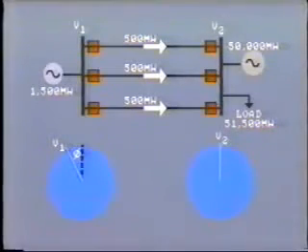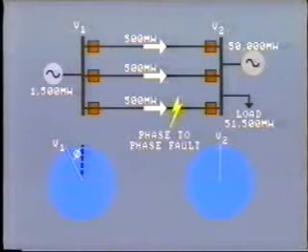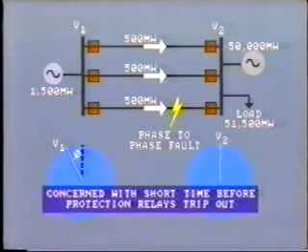Now let's see what happens when a phase-to-phase fault occurs on one of the transmission lines. In this study, we are concerned with what happens in the very short time frame before the protection relays trip out the faulty line. As we know, a phase-to-phase fault will cause the voltage to fall to a very low level at the location of the fault.